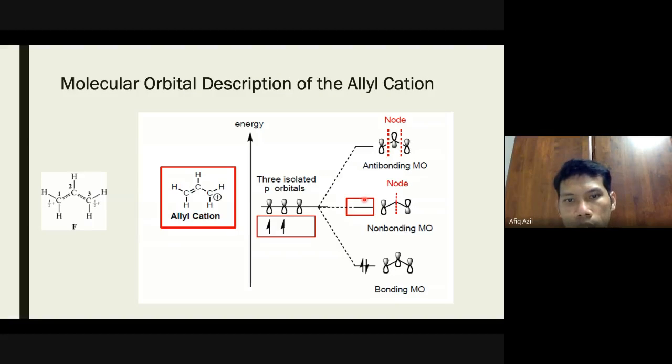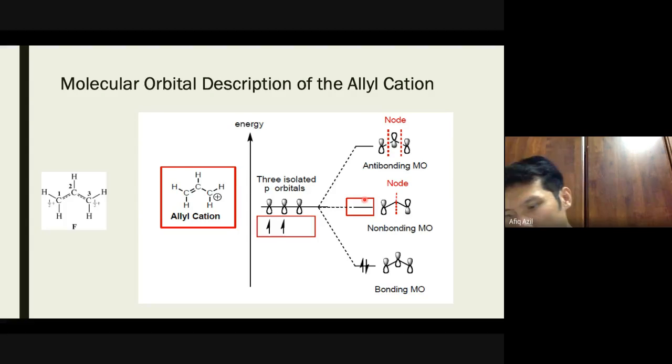And this is the molecular orbital description of the allyl cation. What happened just now that I showed you is that it only contains 2 pi electrons, and both of them are bonding.